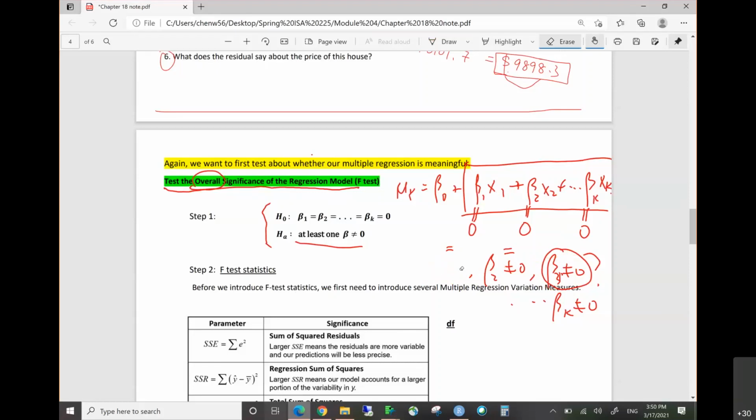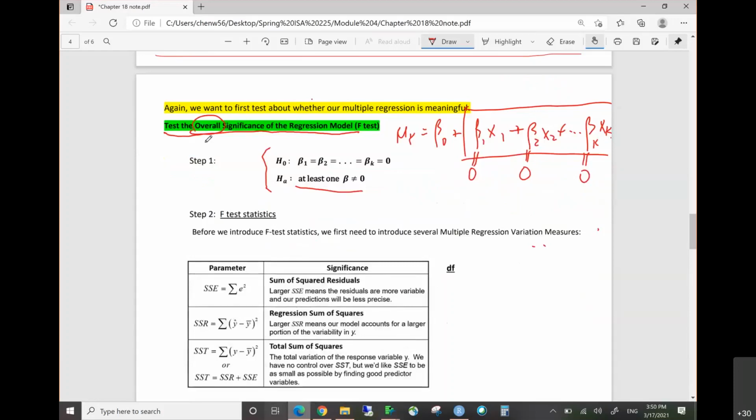I don't care which one is not 0, but at least one should not be 0. So that is our hypothesis for the overall significance of the regression model.